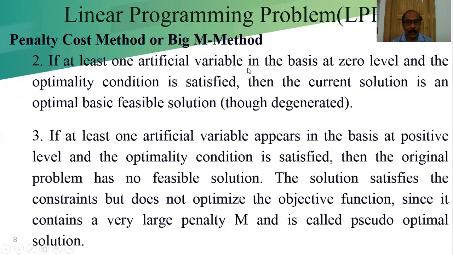If at least one artificial variable is present in the basis and we reach the optimum solution at the positive level, then that solution is optimum, but it is known as degenerate, or we can call it the pseudo solution, not the feasible solution.